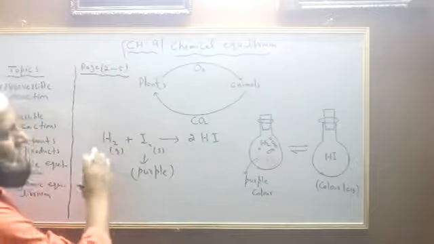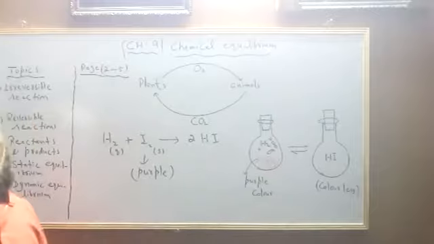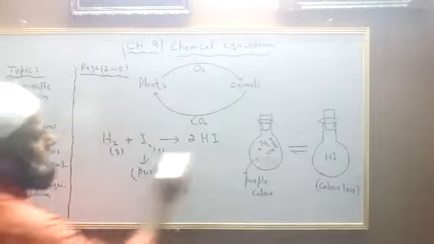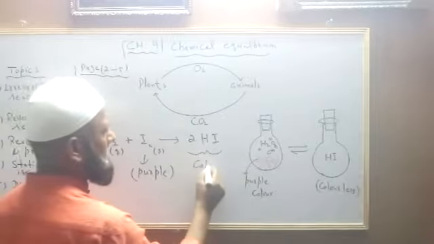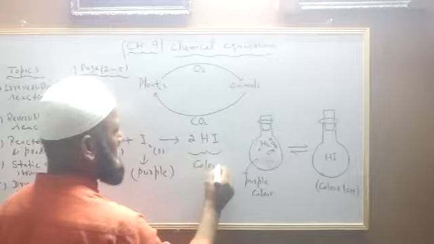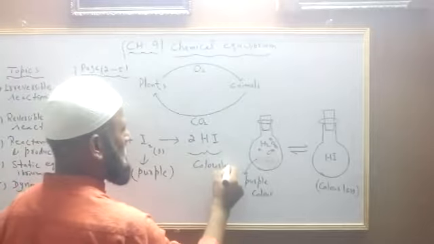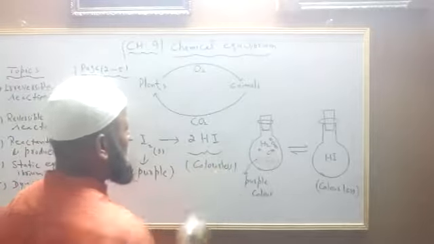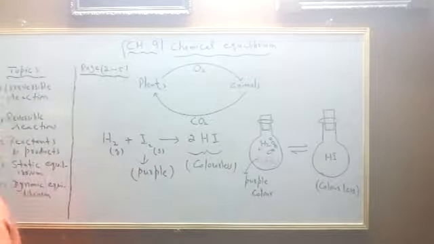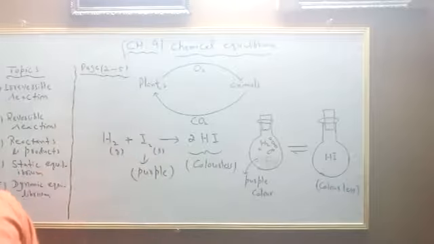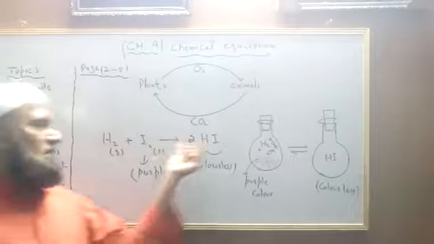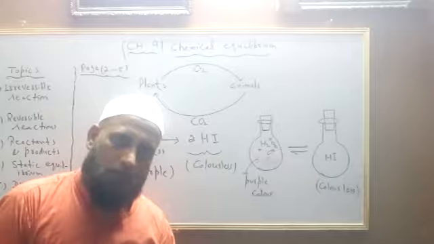With the passage of time, when hydrogen iodide forms, the color starts to fade. Hydrogen iodide is colorless. So with the passage of time the purple color starts to fade, which indicates the formation of hydrogen iodide.